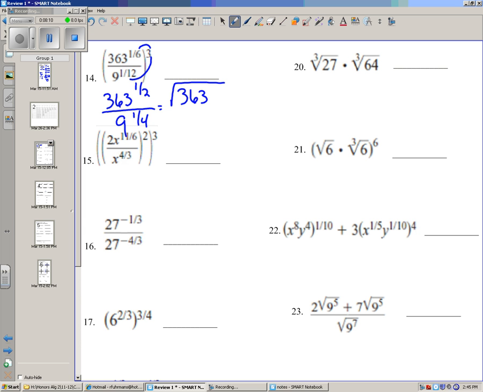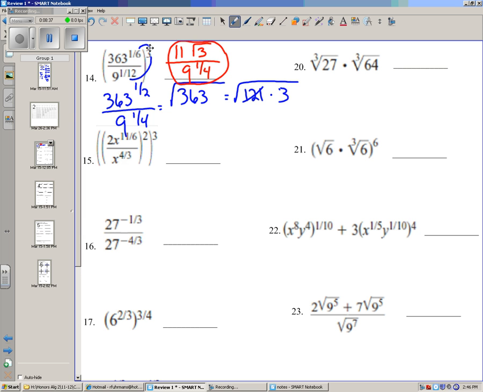And I can turn 363 into 121 and 3. So the 121 will come out and will become an 11 along with the square root of 3. And then as far as the bottom goes, I'm just going to leave it as 9 to the 1/4. I do not need for you to rationalize it because we are going with the rules of exponents here. Okay? All right, let's go to number 15.